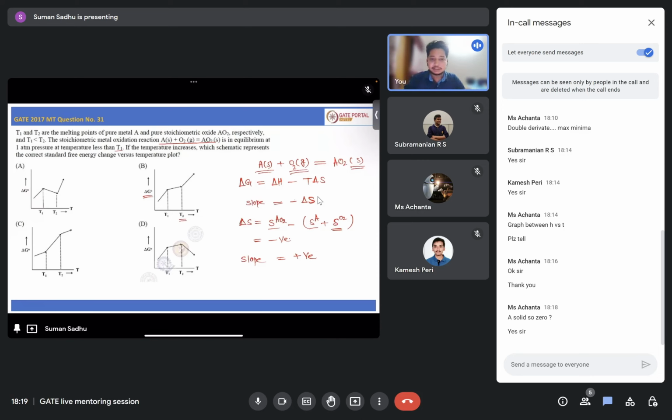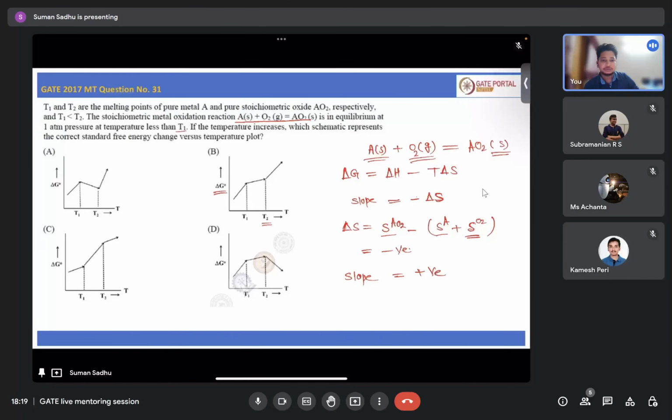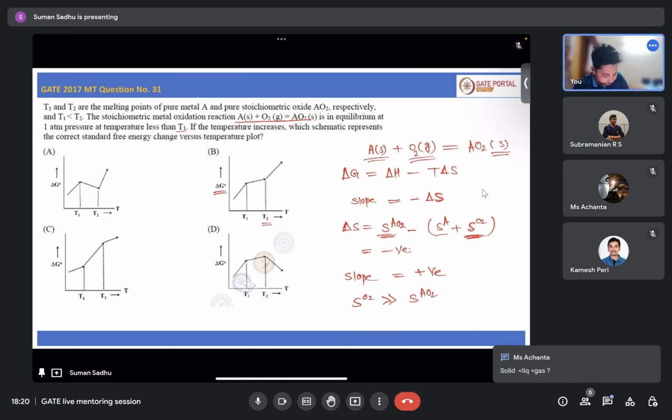But at any other temperature, you will still have some thermal entropy and some configurational entropy. Still, at 0 Kelvin, your configurational entropy will not be zero. But the order of that value will be very high in case of gaseous form, while in case of solid form that value will be very negligible. So basically your S of oxygen is much greater than S of AO2 in the solid form.